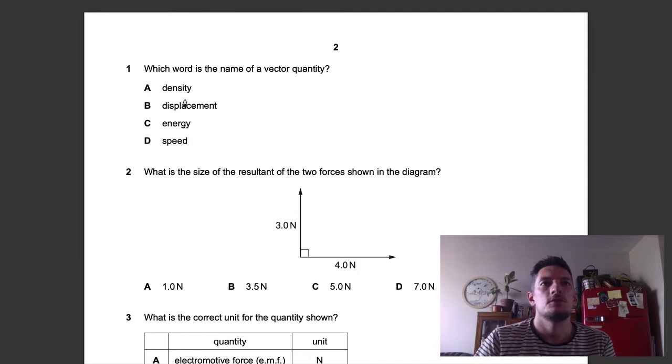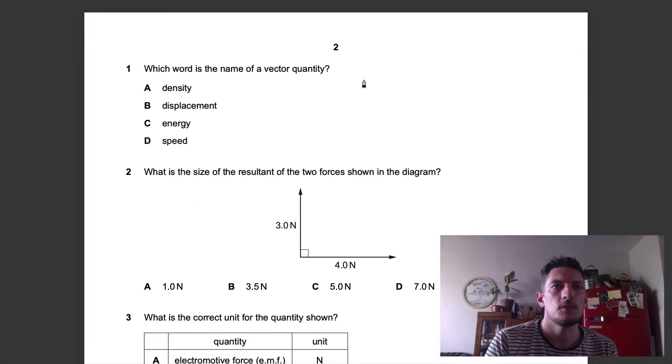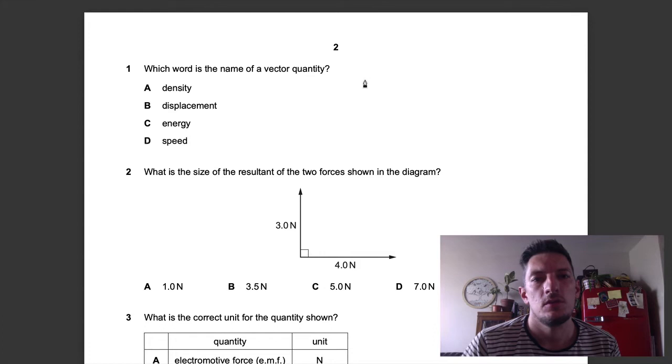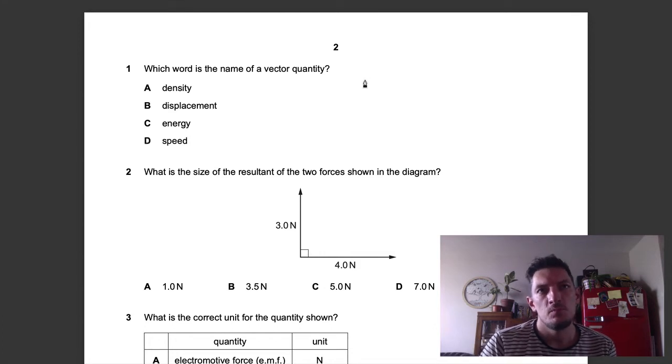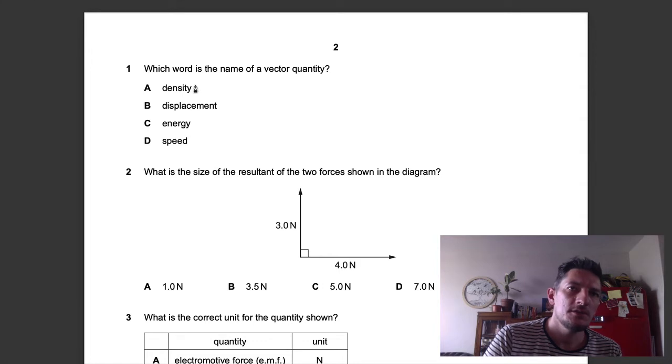The first question says, which word is the name of a vector quantity? Now you'll remember that a vector has to have direction and magnitude. Density doesn't have a direction. Displacement does have a direction.